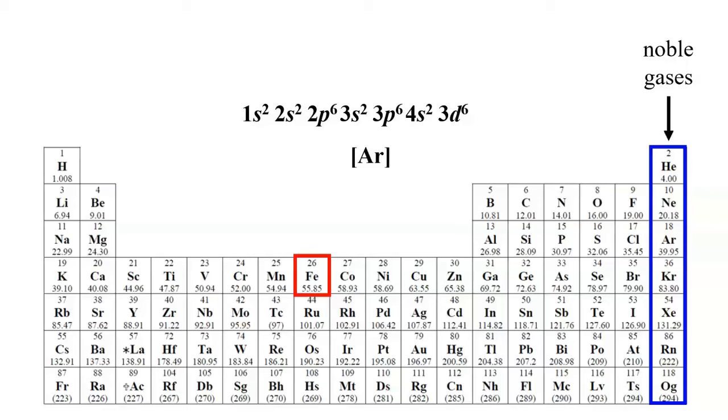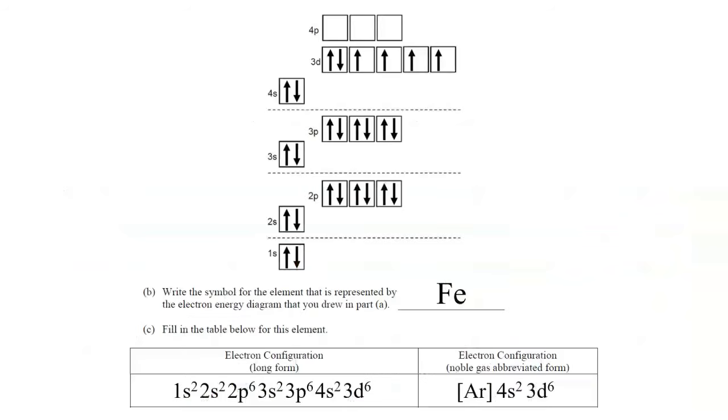So all we have to write after the argon in brackets is the rest of the electron configuration, which would be 4s2 and 3d6. So now you're looking at both the long form and the noble gas abbreviated electron configuration for the element iron. So that is the correct answer for part C of question 5.